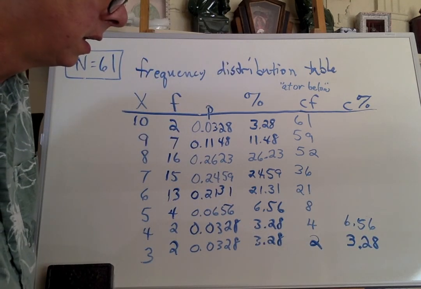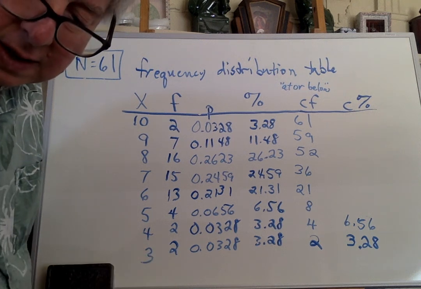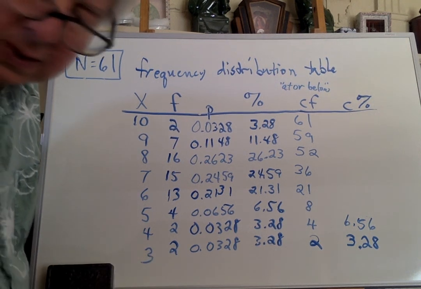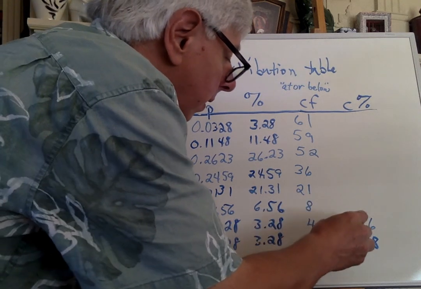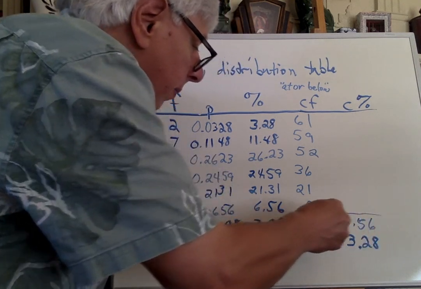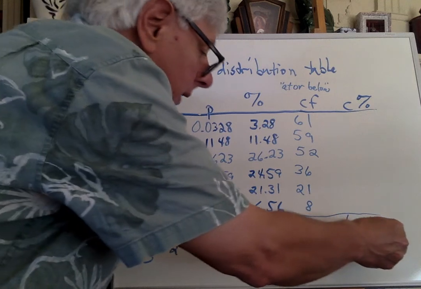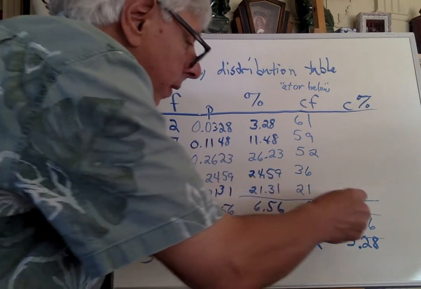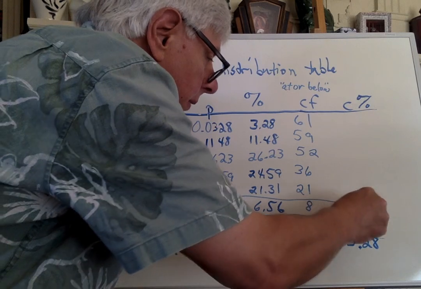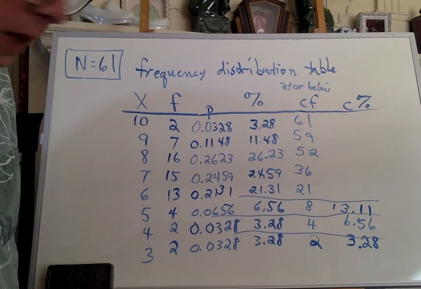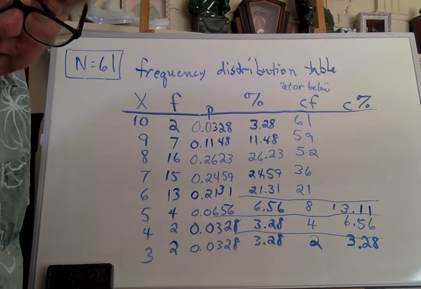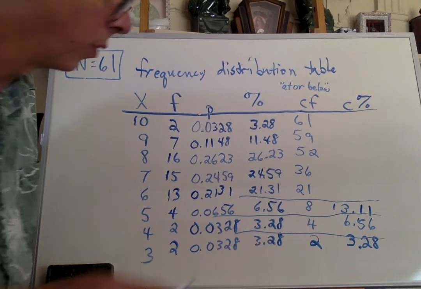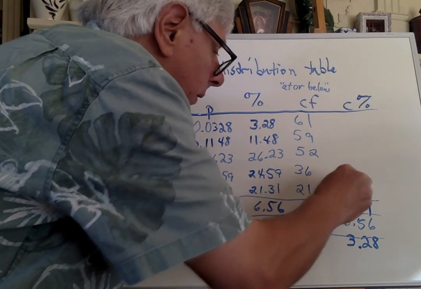And then 8 divided by 61 is 13.11. Let me make sure I have these correct here. 13.11, okay? And then 21 divided by 61, 34.43.